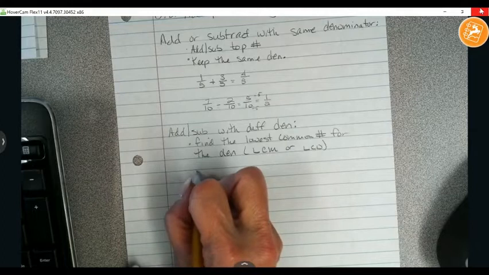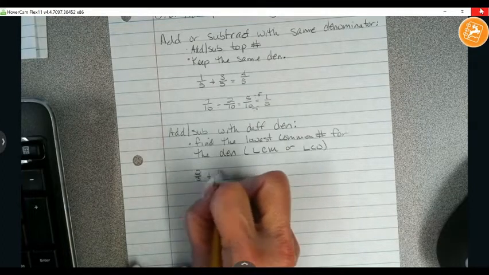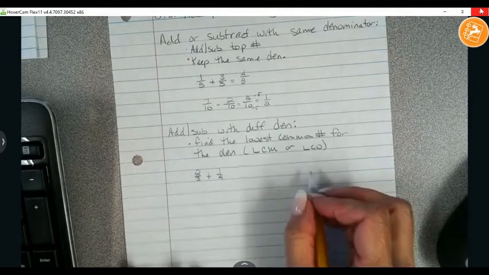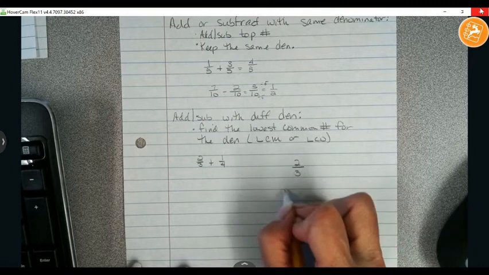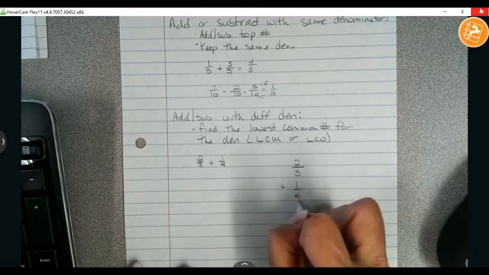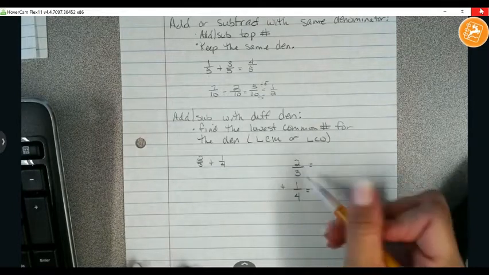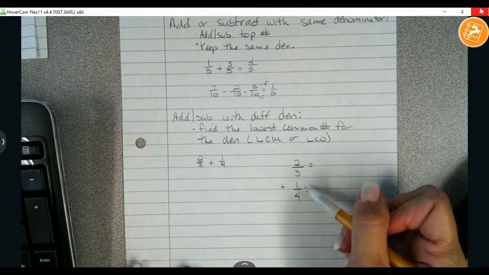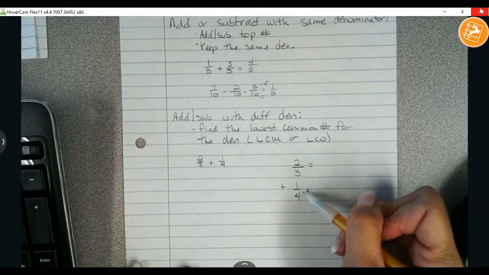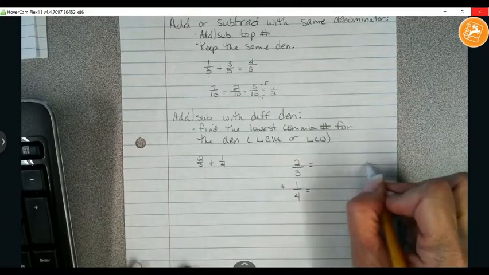So if I have 2/3 and I'm going to add 1/4, I'm going to bring this over here and write it down because it's easier to convert. And now I have to ask myself, what number will 3 and 4 divide into? One common number that 3 and 4 will divide into that I can convert these fractions to. So in my mind, I'm going to make this little list.